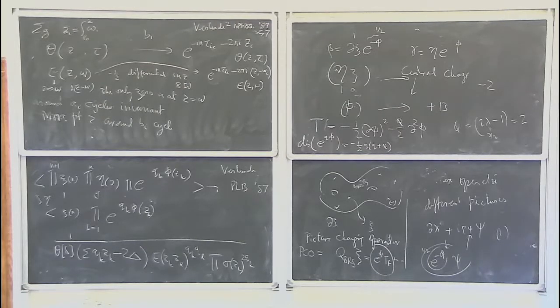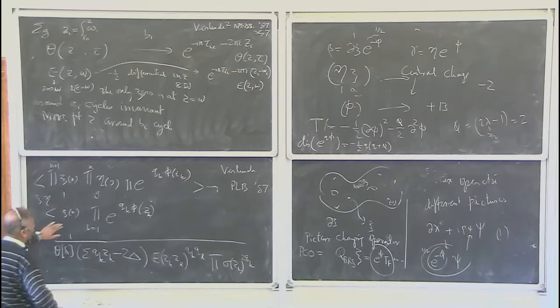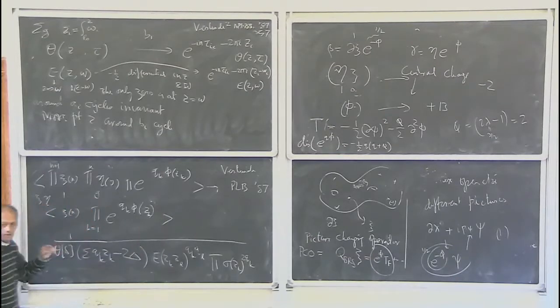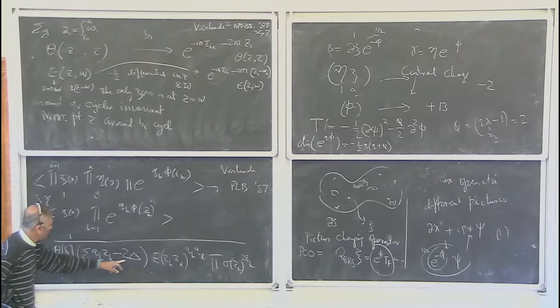No. I mean, this correlation function is perfectly well defined. There's no problem with that. But there's no eta there, eta here. Yeah. Probably it is the sum of the Q's. Yeah. This must be again.